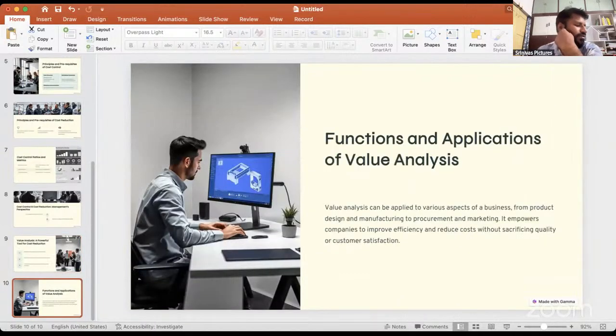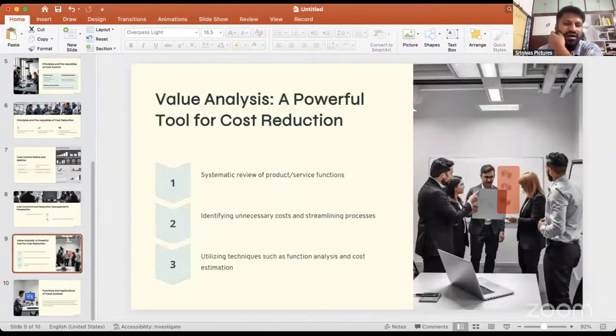So these are all powerful tools for cost reduction. A systematic review is required, identifying the unnecessary cost first, then utilizing techniques such as function analysis and cost estimation. So first we have to check and ensure that review.